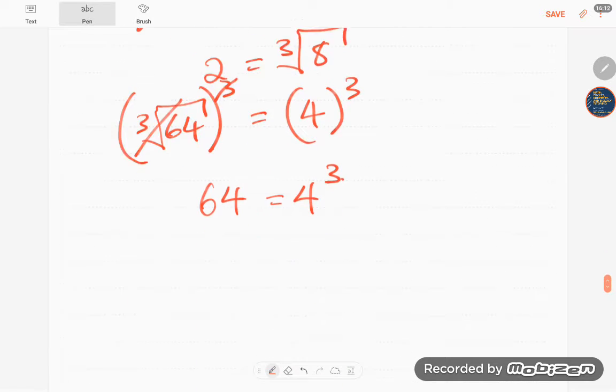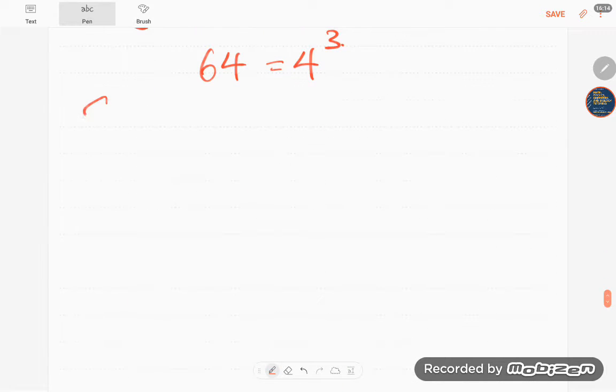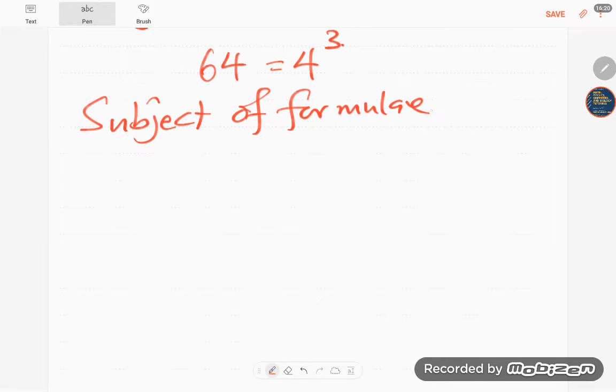Now, if you're trying to make something the subject of a formula, let me just do it this way, very quickly. Subject of formula. When you want to make something the subject of a formula, it's like you're doing the reverse of BODMAS, but I will not go into that because I think there's an easier way to do it. Imagine that when you're making something the subject of a formula, what you're doing is zooming in to a particular letter.